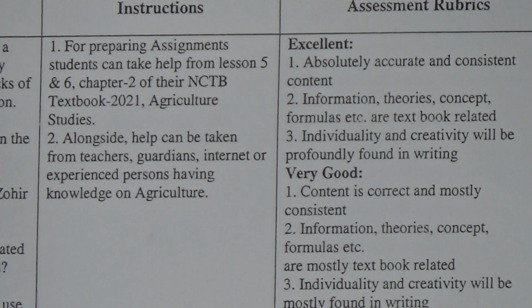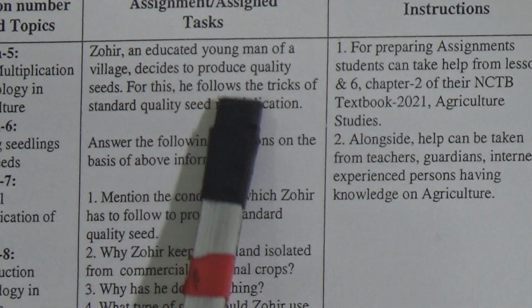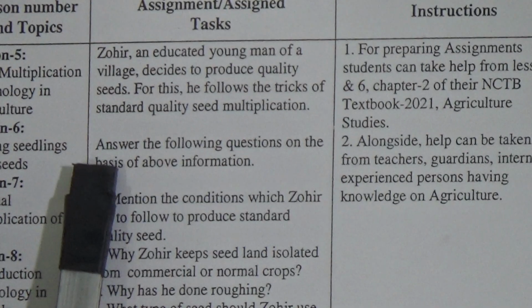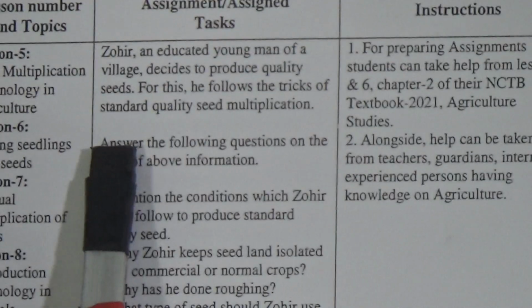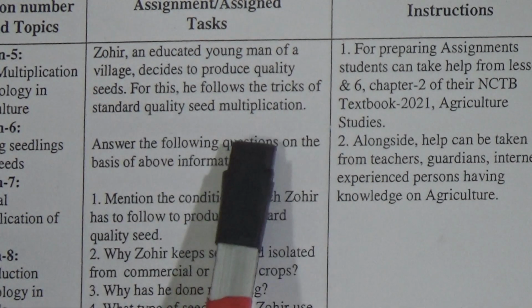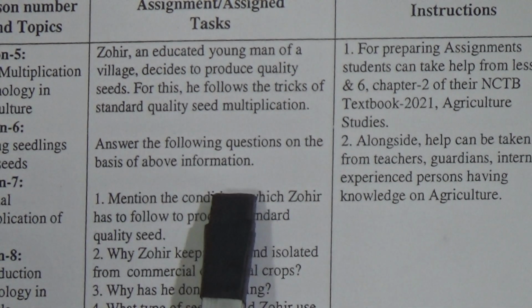Now we will discuss the assigned task. See, here it is said that Johir, an educated young man of a village, decides to produce quality seeds. He has to produce quality seeds. For this, he follows the tricks of standard quality seed multiplication. Answer the following questions on the basis of the above information.